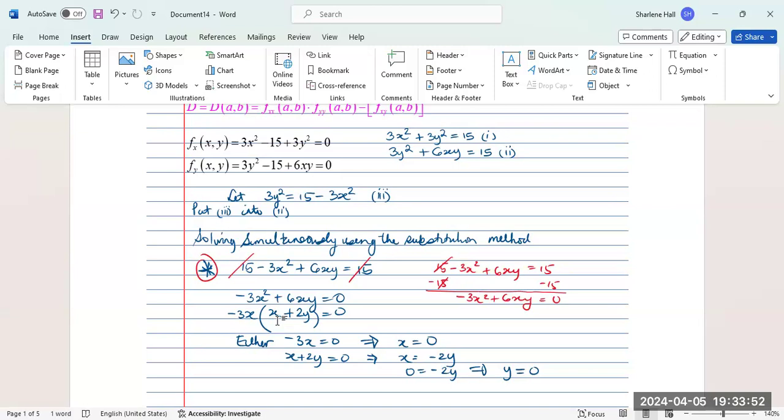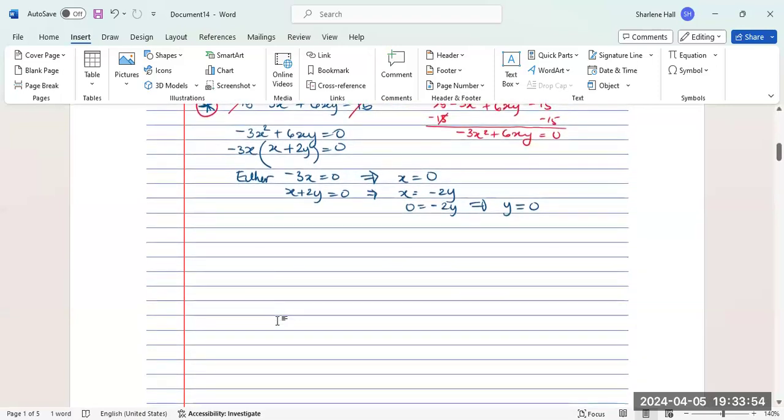Good job. So what is going to happen here is my D is going to be equal to my f of xx times f of yy minus f of xy, all squared.